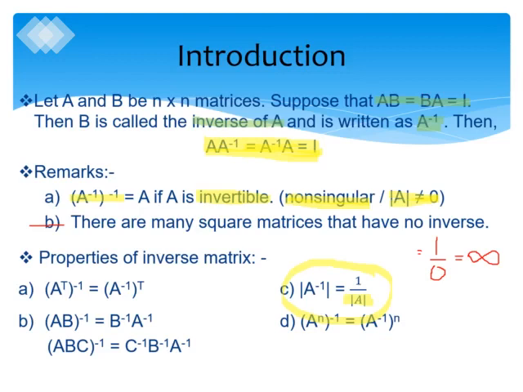Okay, we go for properties of inverse matrix. For A, the transpose of A inverse, you can switch the transpose and inverse, so you can inverse first and then transpose. For B, you can expand, but you have to inverse the nearest one.